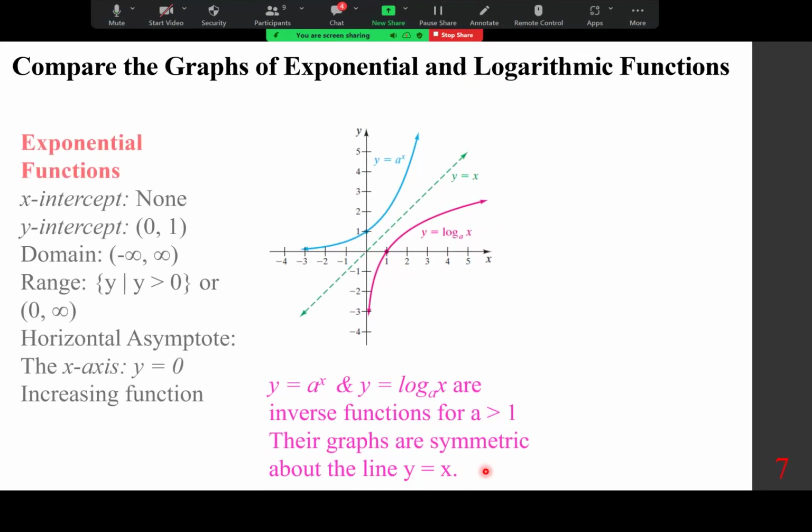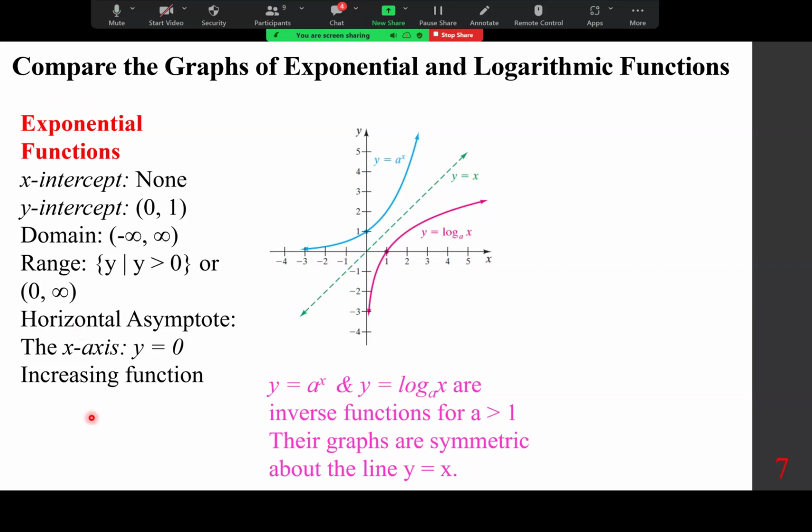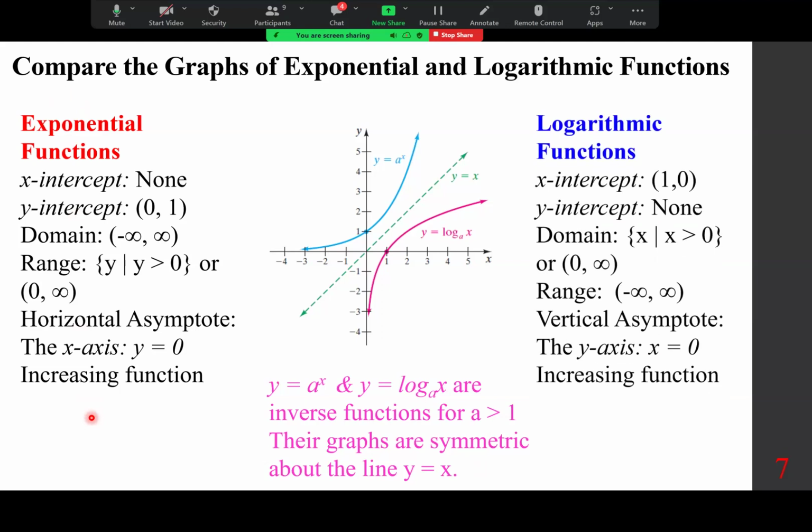So as we look at what we had done with the case of the exponential function versus the logarithmic function, again, x-intercept, none. This one has a y-intercept, which was (0, 1), right? Now the x-intercept is (1, 0). The domain for the blue one is all real numbers.